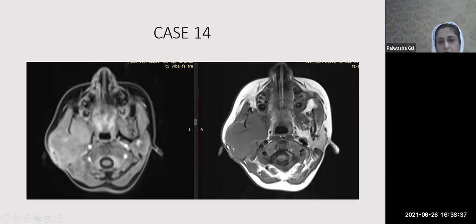Whenever I show my residents this case, one of my residents said this is a tumor sitting in the parotid, and she was thinking about differentials of parotid gland tumor, which is not wrong, of course. But sometimes, just think about the demographics of the patient.